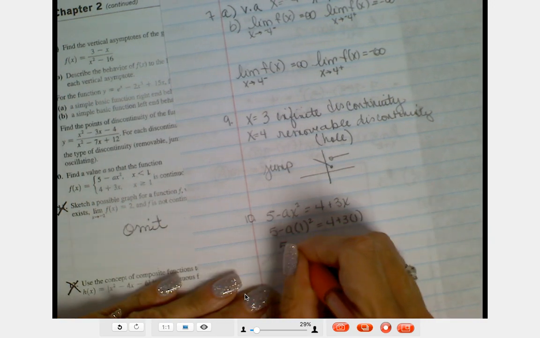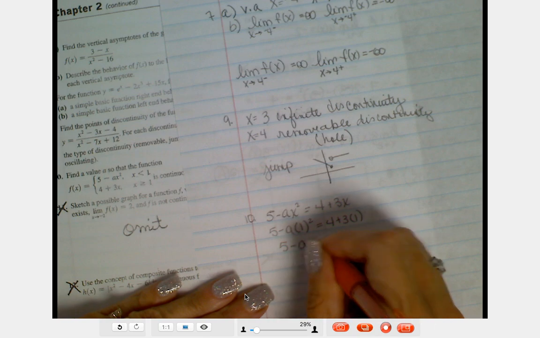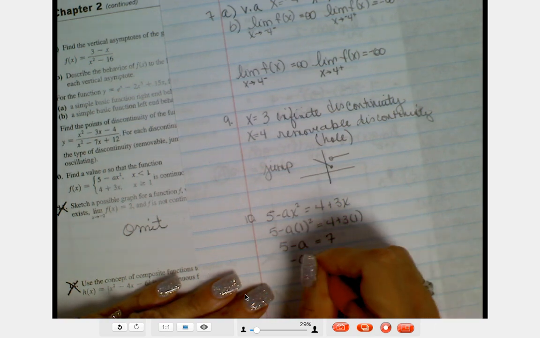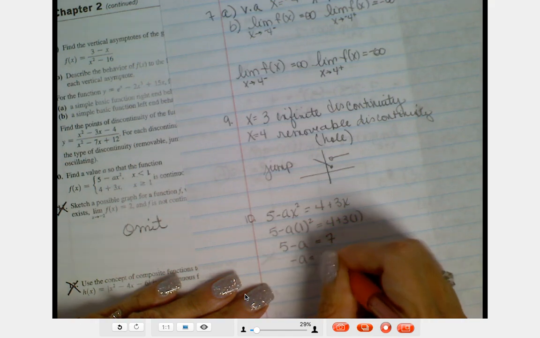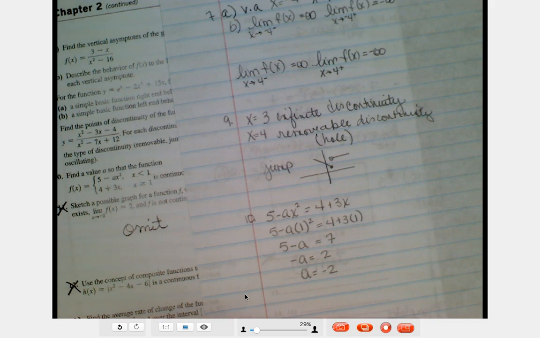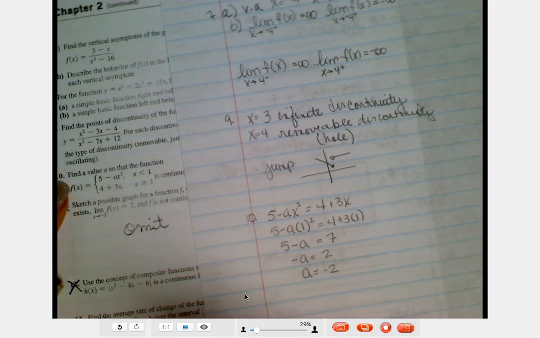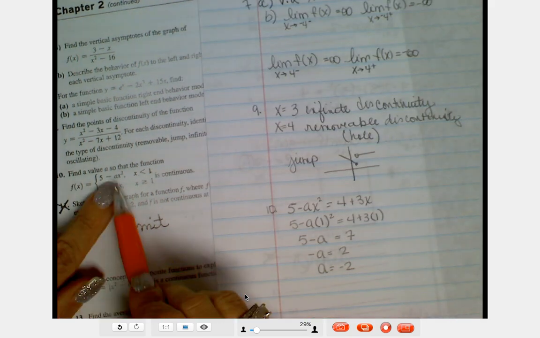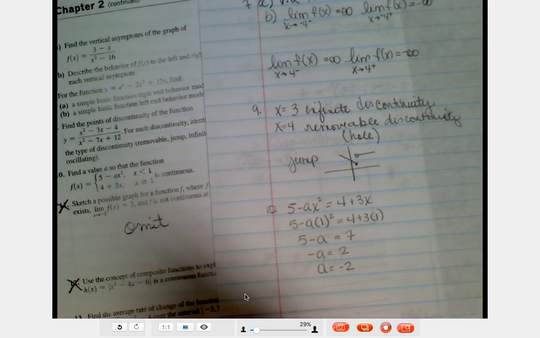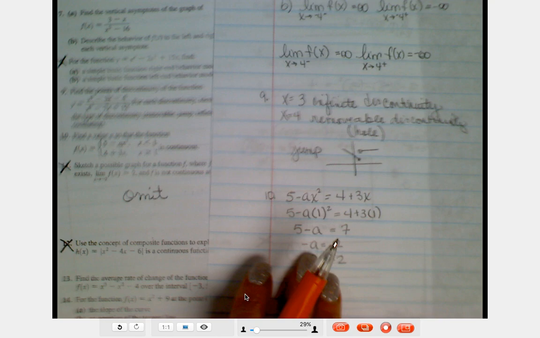So that's 5 minus a equals 4 plus 3, which is 7. Negative a equals 2, so a equals negative 2. So that's all you have to do on problems that look like this, where I'm asking you to find a value so that this is continuous. Now, if you need to at any point in this video, stop and back up and look over it.